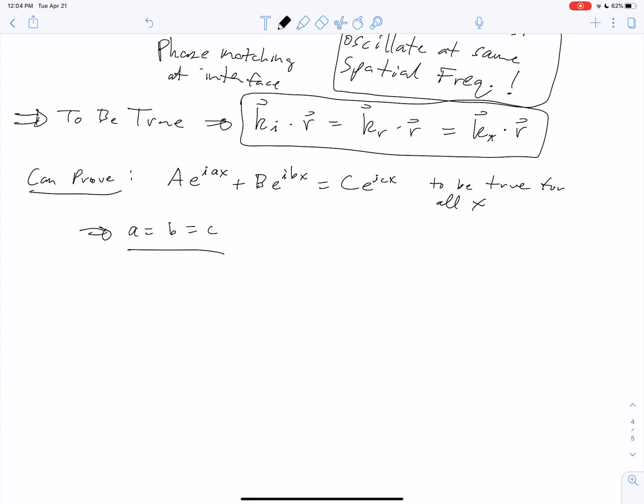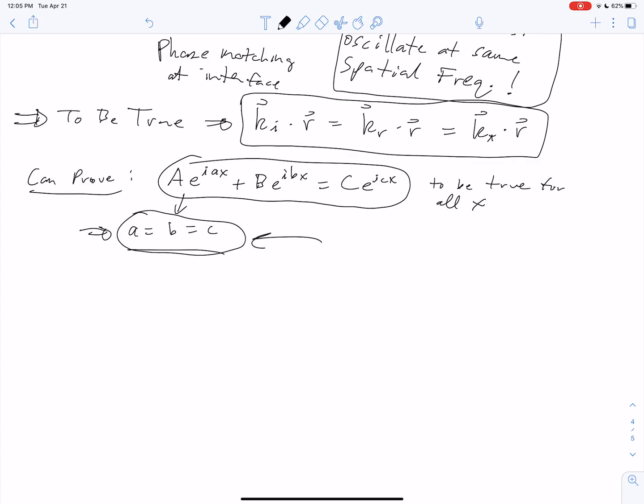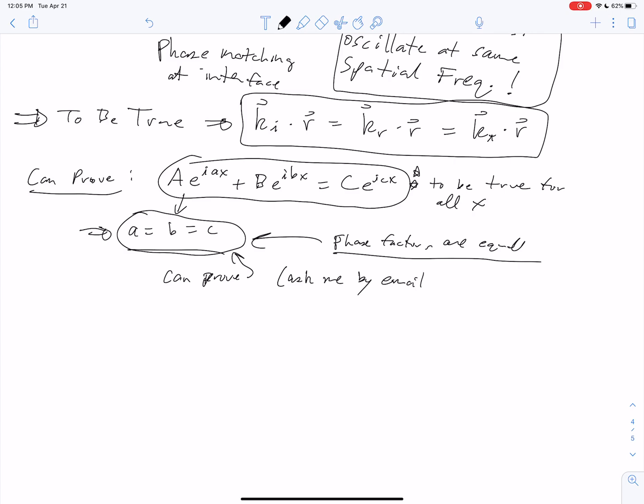If this is true, then the phase factors are equal. So you can show that if this equation with the two stars is true for all x, then we can prove this. It's a mathematical proof. But if you want to see the proof, ask me by email, because I don't want to go through it now.